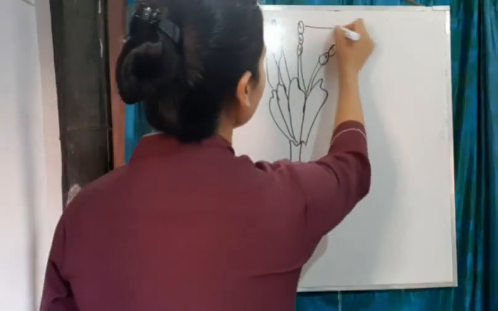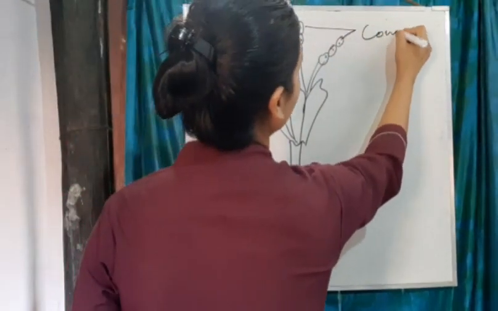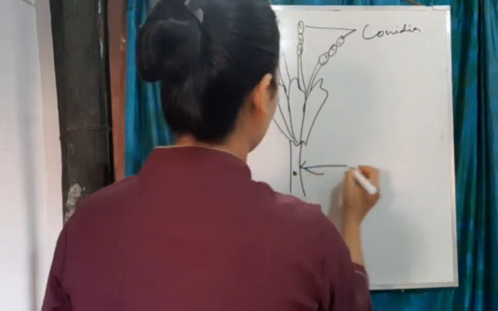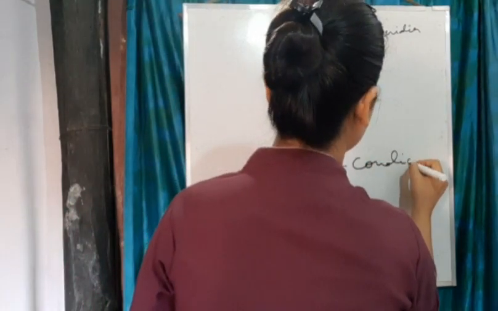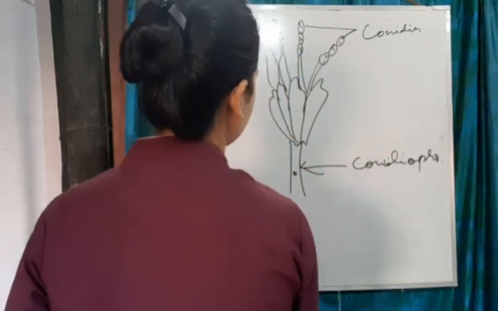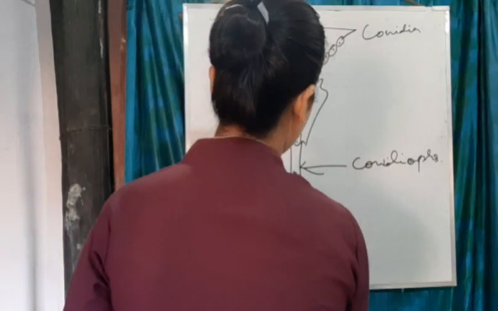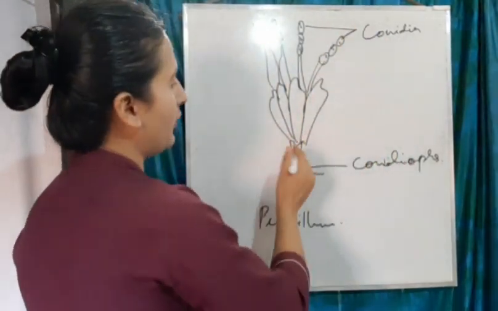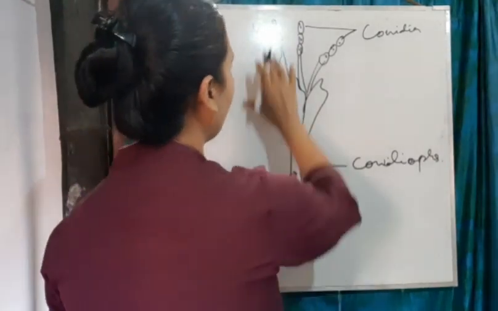All right, so this structure is called conidia, all right, and this is called the conidiophore. And this is an example of Penicillium. So this is the conidiophore and this is the conidia. This conidia is formed on the conidiophore.